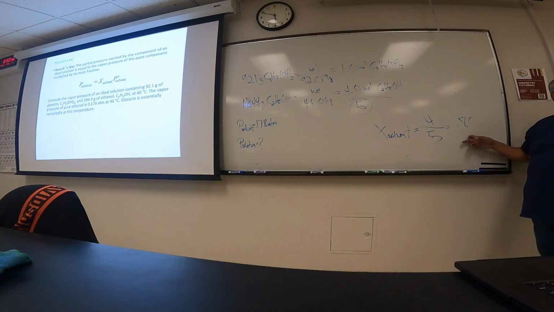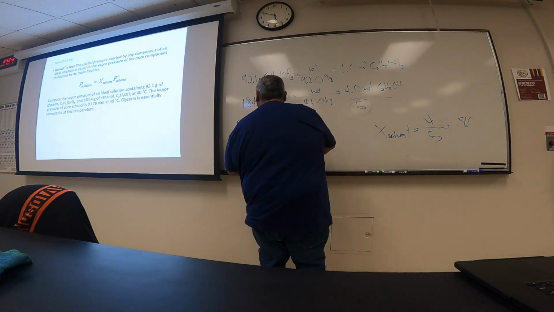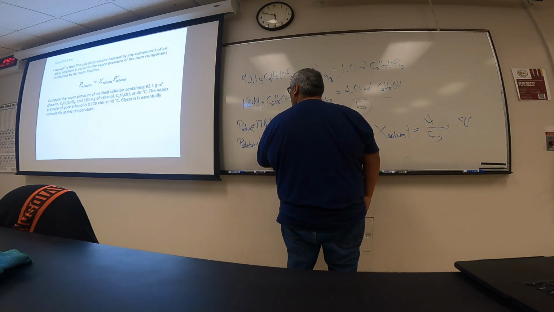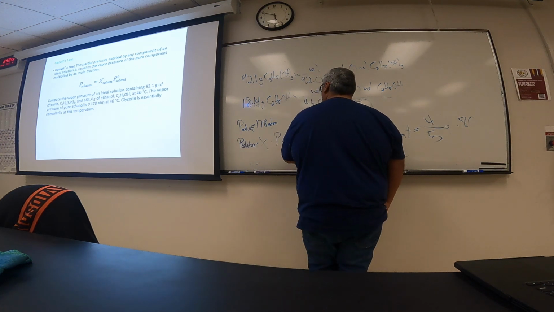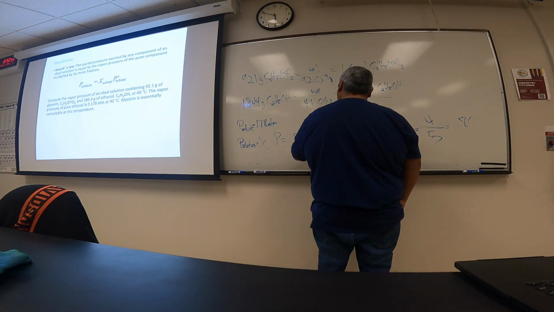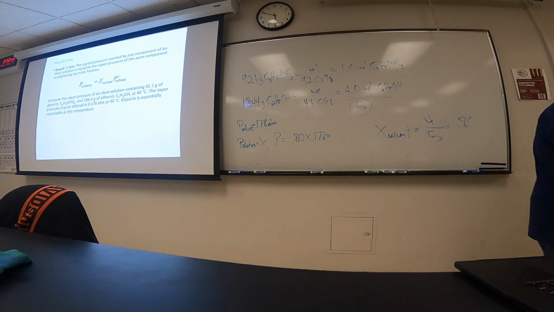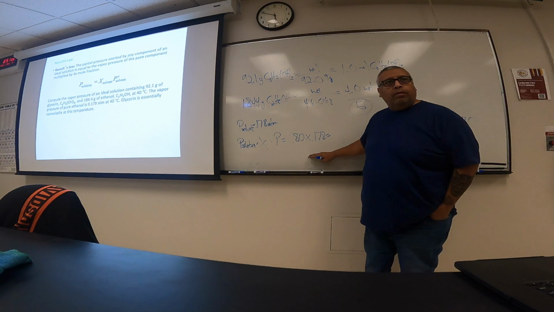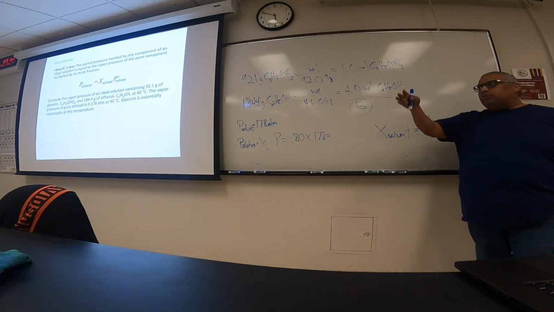It's simply 0.8. So now, in order to figure this out, we're going to take that mole fraction and multiply it by that pressure. So we're going to get 0.80 times 0.178. And what is the new vapor pressure? Because now we're lowering that vapor pressure. When we lower the vapor pressure, we're making it less likely to evaporate.